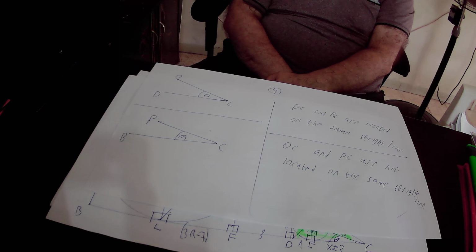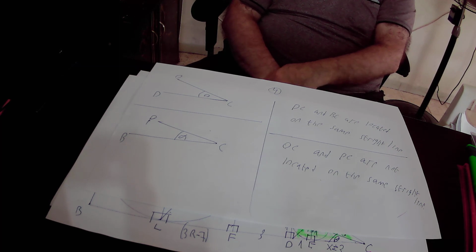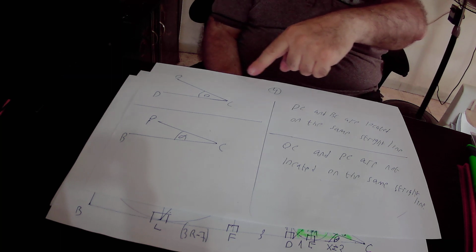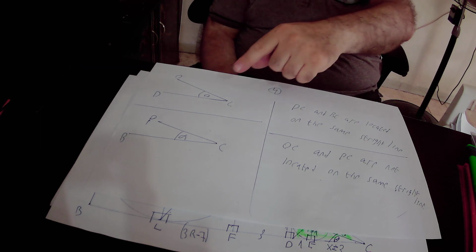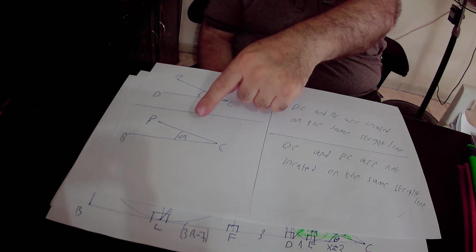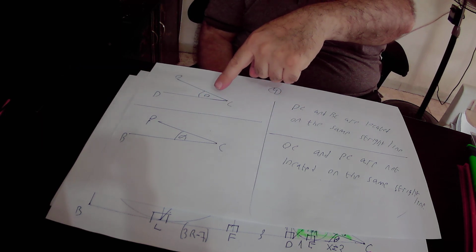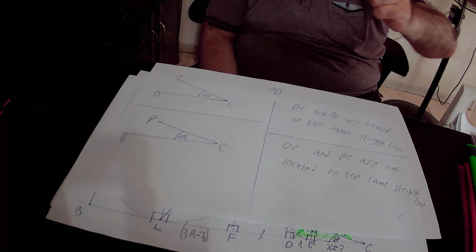But according to our assumption, the second leg isn't, because CO doesn't pass through point P. Therefore, those two angles can never be equal to each other. So if this angle equals theta, this angle will be equal to alpha.